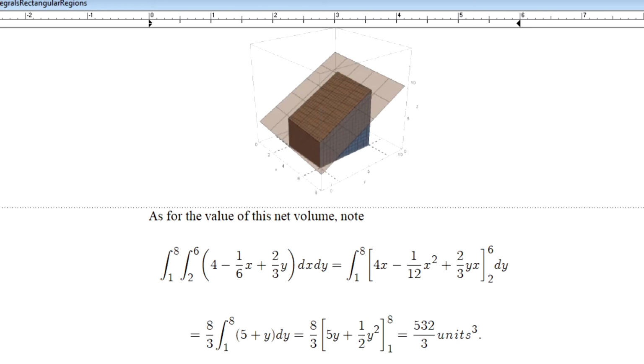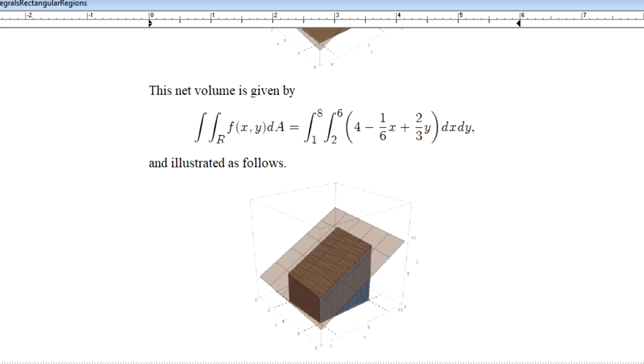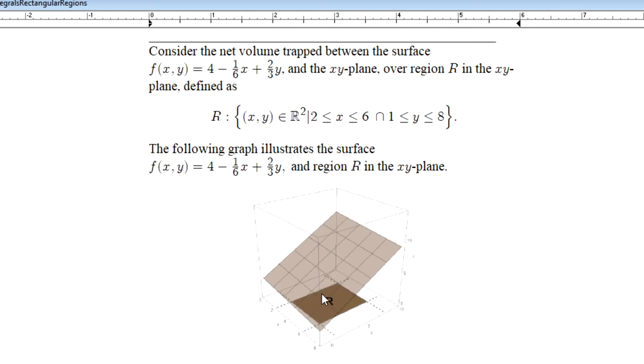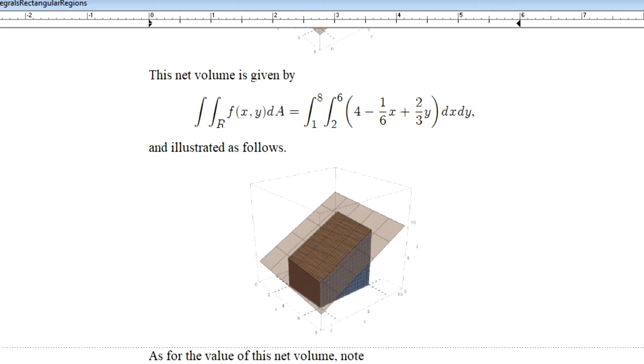Now when that subdivision of R happens into its n times m subregions, what that is also going to do is subdivide our solid, this solid whose volume we are trying to approximate, and then find the exact volume of.